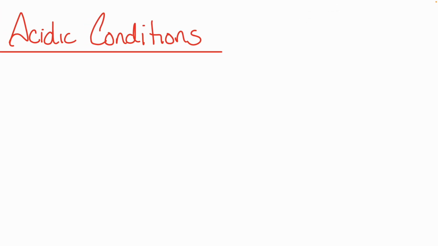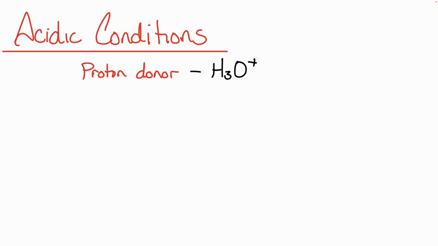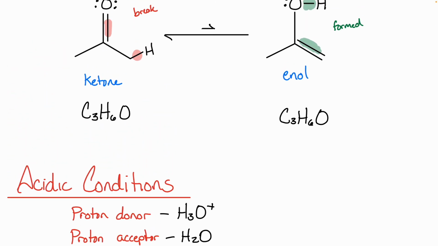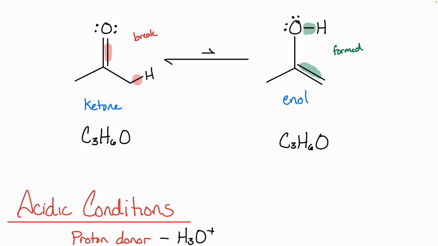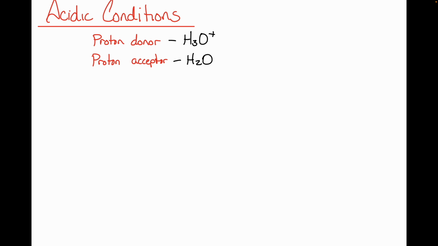Under acidic conditions we're going to use the proton donor hydronium and the proton acceptor under acidic conditions is going to be water. All right, see if you can do this mechanism to take us from A to B here. Make sure to follow those rules for acidic conditions.